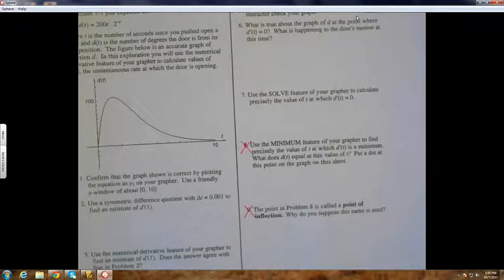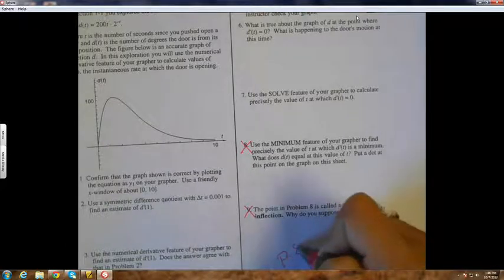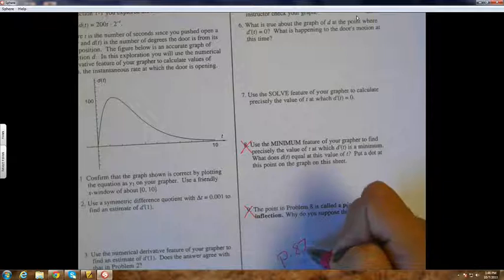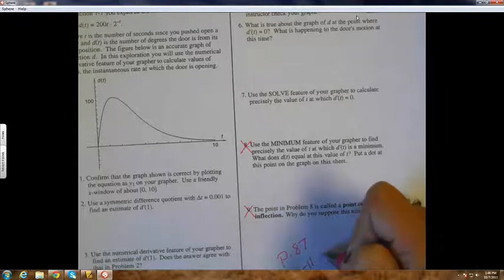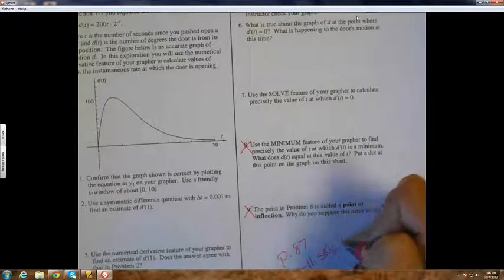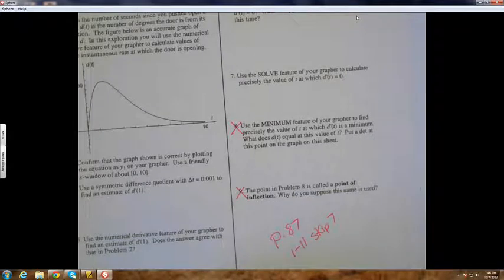And then the homework for after that will be Calc 3-3, page 87, 1 through 11, skip number 7. All right, have this done when you come in tomorrow.